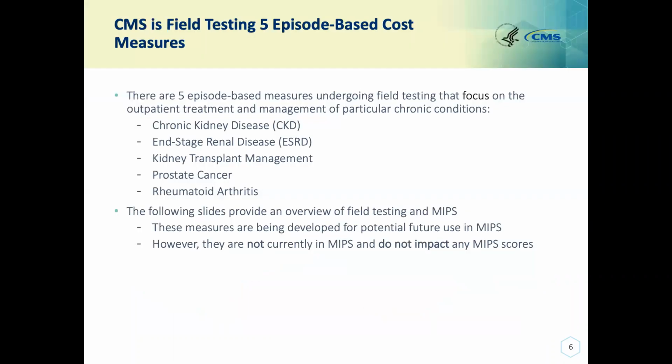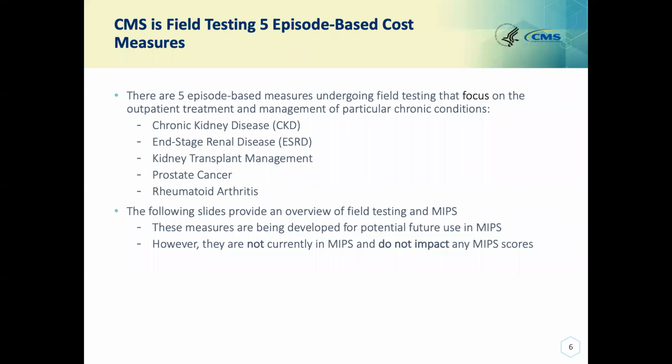Okay, so to begin, I'll provide some information about what field testing is and a background on the MIPS cost measures. There are currently 5 episode-based cost measures in development. The measure development contractor Acumen uses a process based on cycles or waves for developing a number of measures at the same time.